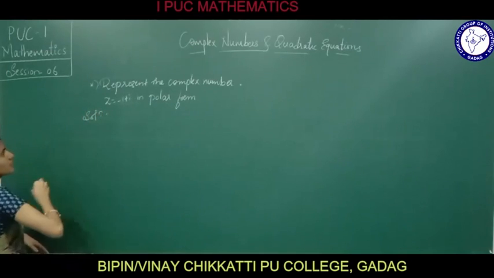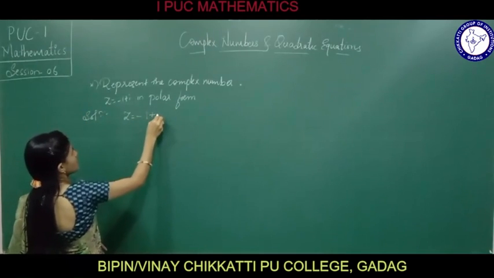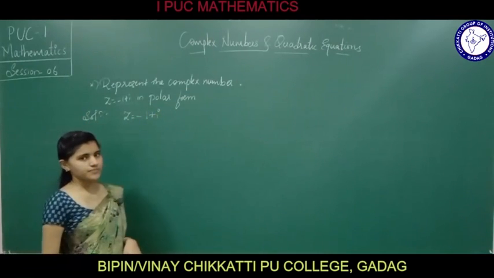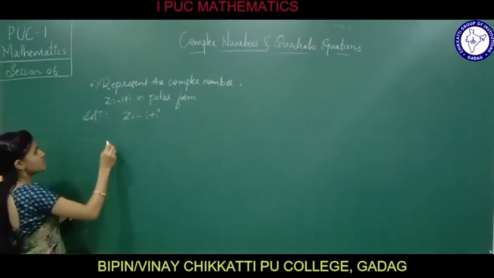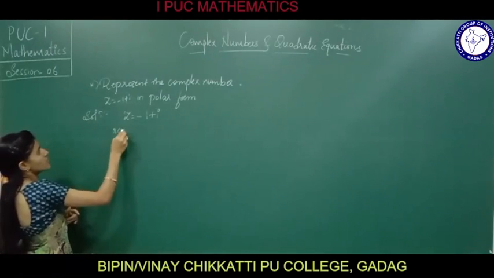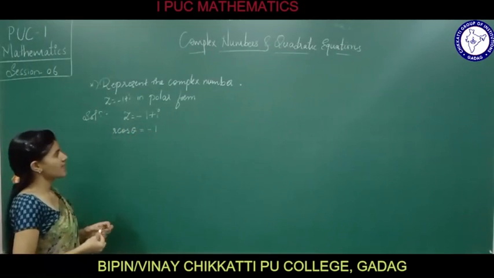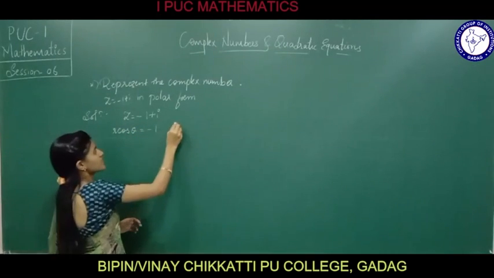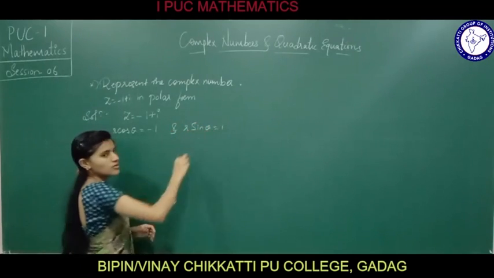Solution. What we have? They have given us z is equal to minus 1 plus i. To form it in the polar form, what we are going to write? First write r cos theta, which is equal to minus 1, and then we have r sin theta, which is equal to 1.